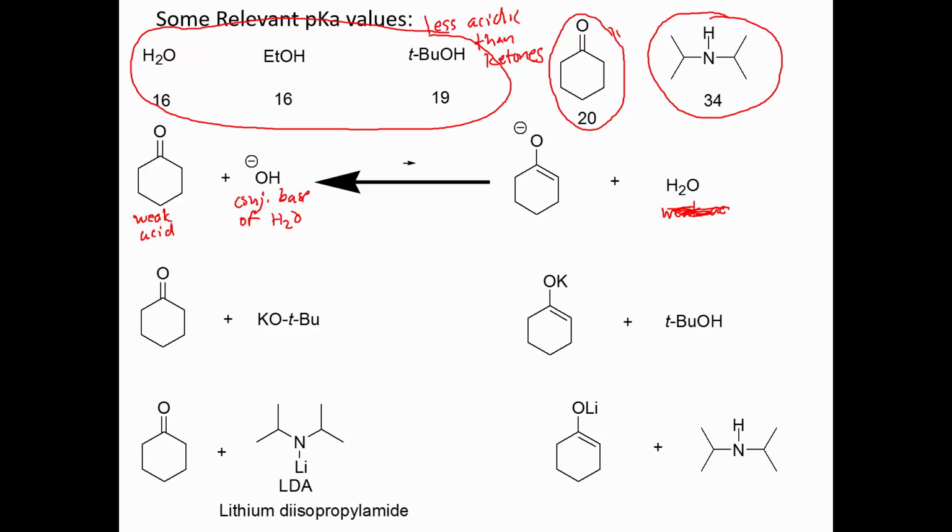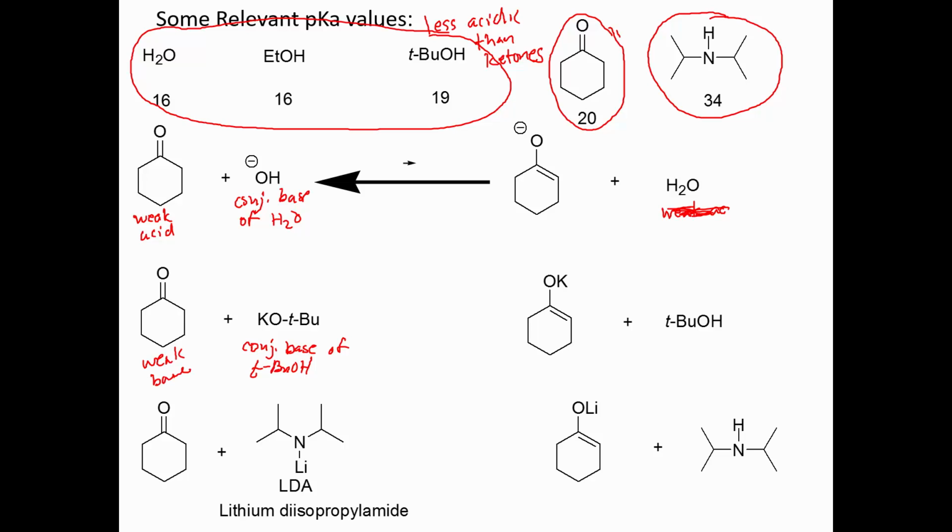Potassium t-butoxide is the conjugate base of tertiary butyl alcohol. Now, tertiary butyl alcohol still has a pKa lower than a ketone, but not much lower, so we're going to say that this reaction still goes to the left, but not as far to the left.